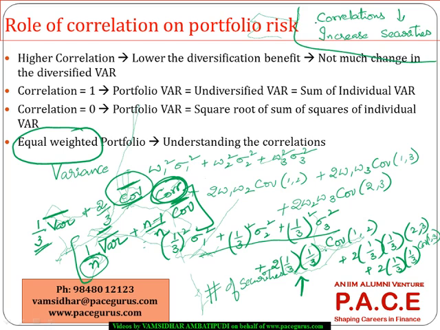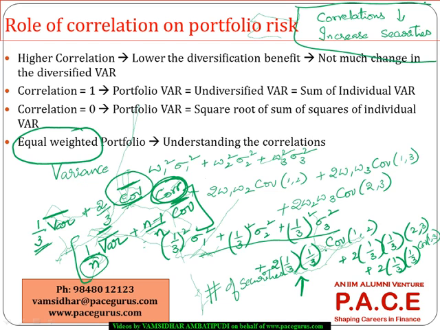These two will play an effective role in reducing the overall value at risk of the portfolio. That is how we should understand the correlations between the variables in order to get very good clarity with respect to the portfolio's value at risk.